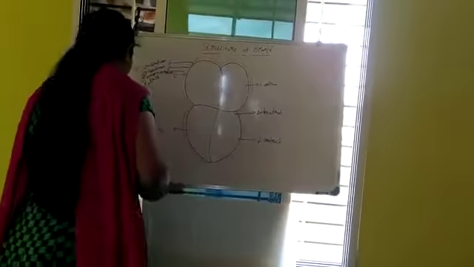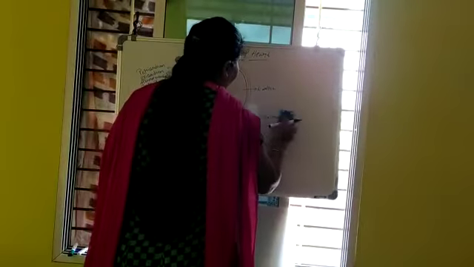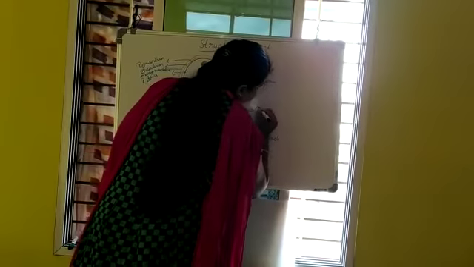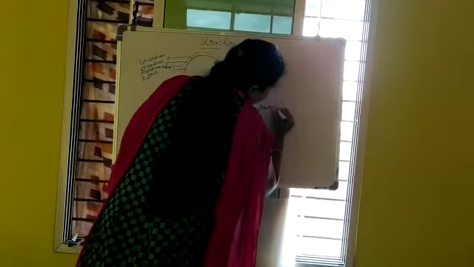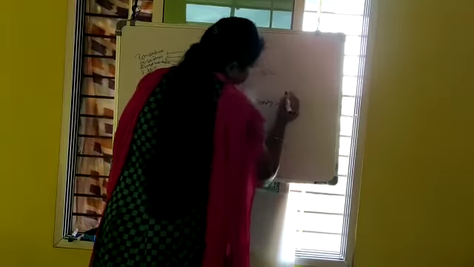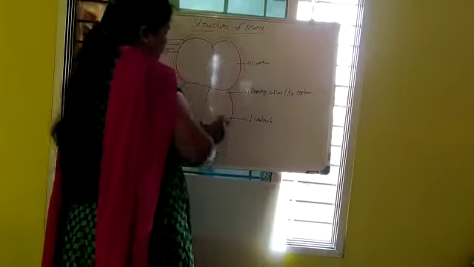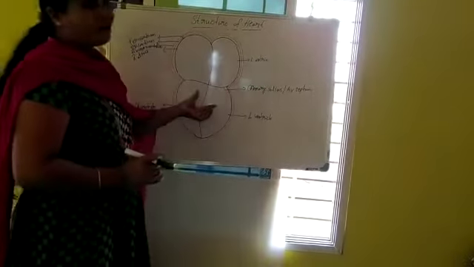Here these atria and ventricles are separated by one membrane.